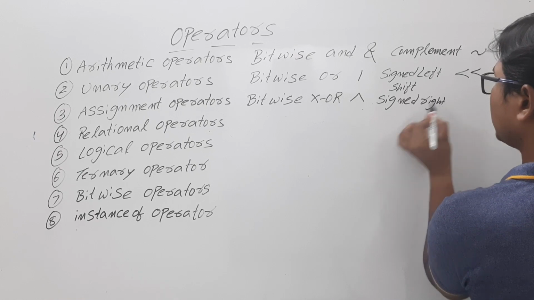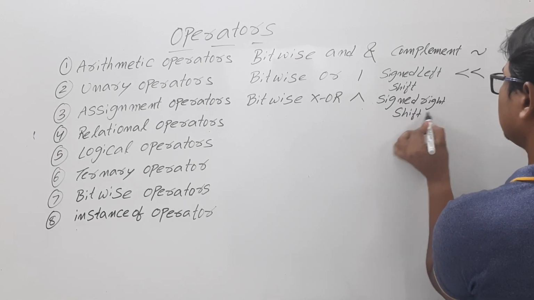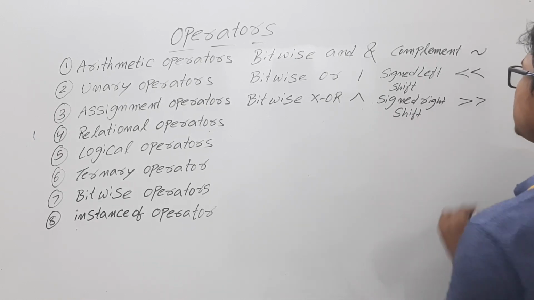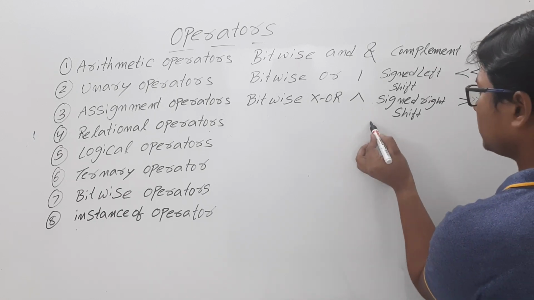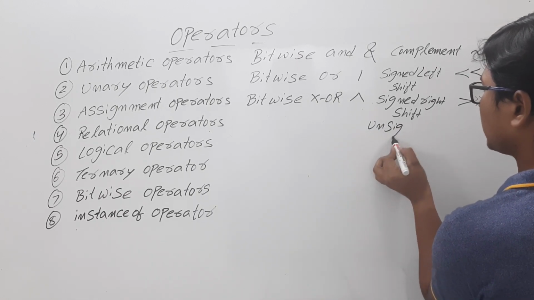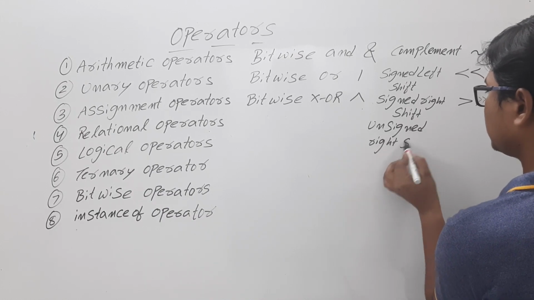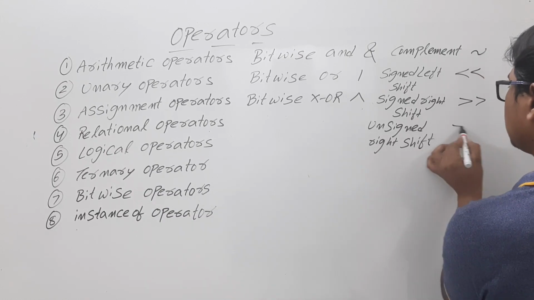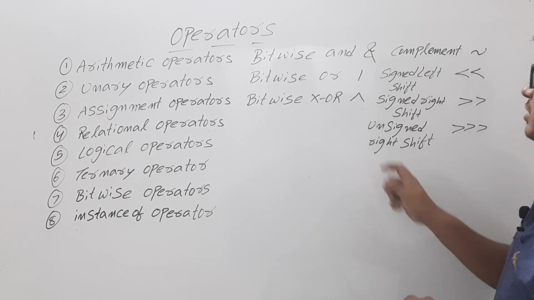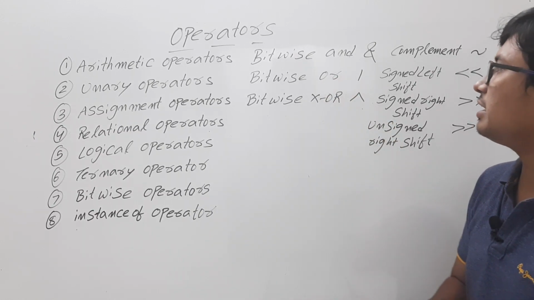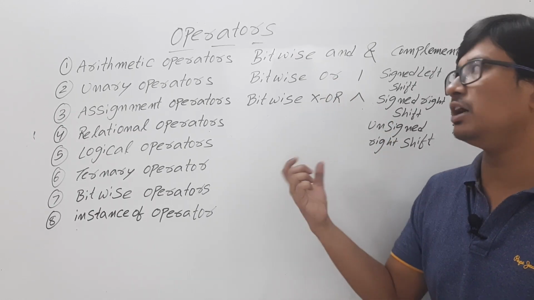This is the symbol to represent the signed right shift. Similarly, you will have unsigned right shift. This is the symbol for unsigned right shift. So these are the 7 different bitwise operators that Java supports.